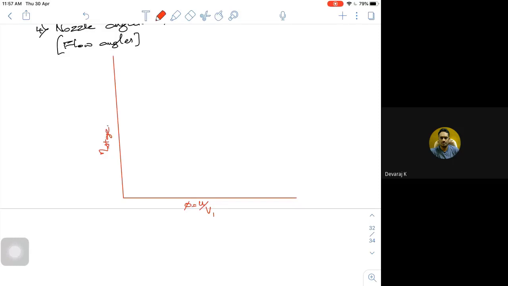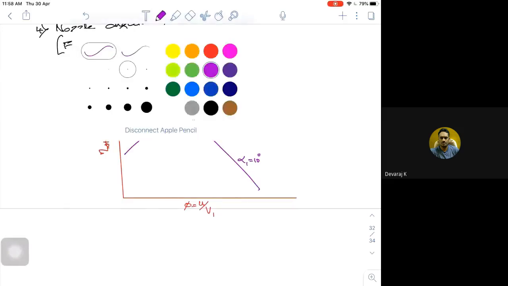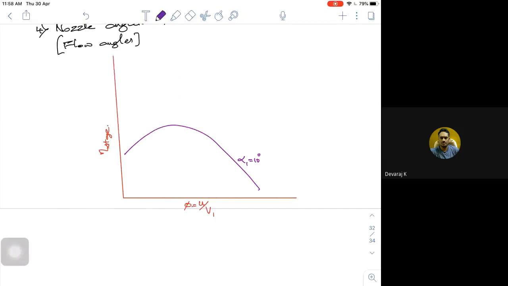And if I try to plot for different alpha 1, for example, if I take alpha 1 equal to 10 degrees, this is for alpha 1 equal to 10 degrees. If I slightly increase it to 15 degrees, I may get something like this. This is for alpha 1 equal to 15 degrees. And if I go for alpha 1 equal to 20 degrees, this is alpha 1 equal to 20 degrees.